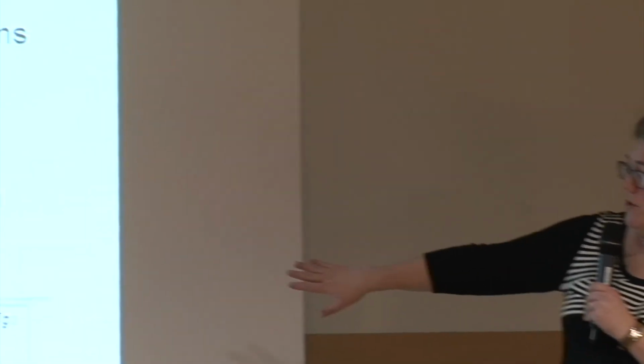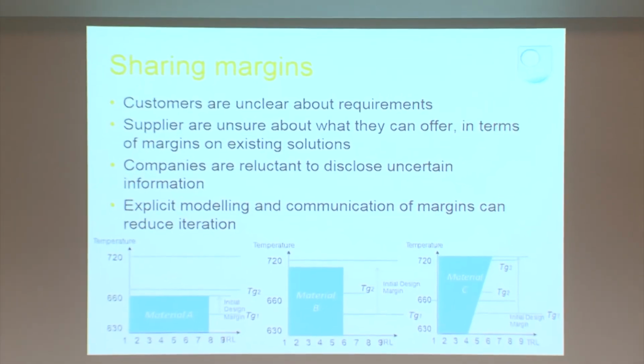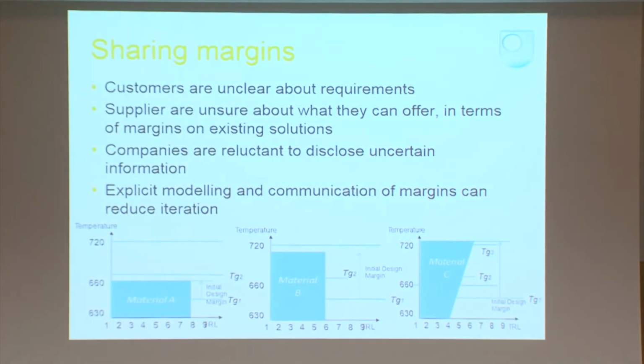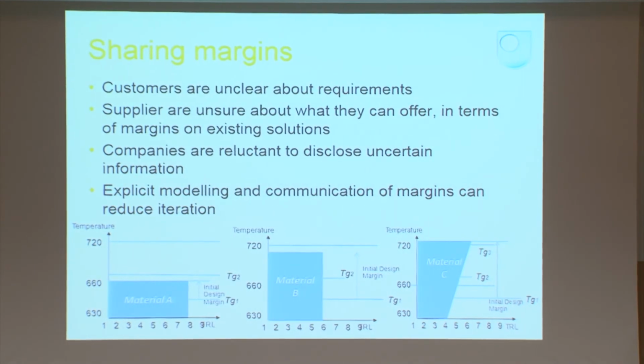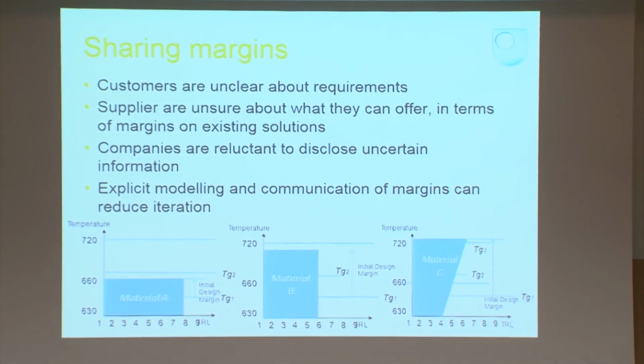And here this is a sort of picture of capability of a component versus technology readiness level. And on some level, they are communicating the technology readiness levels with the capabilities already to their customers, so that information is available.